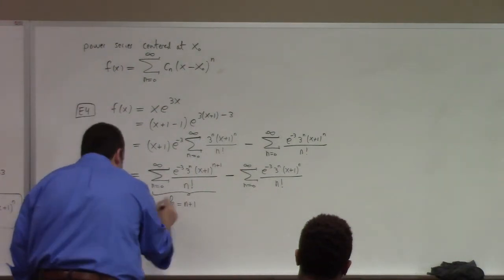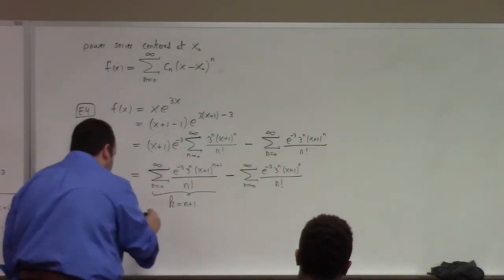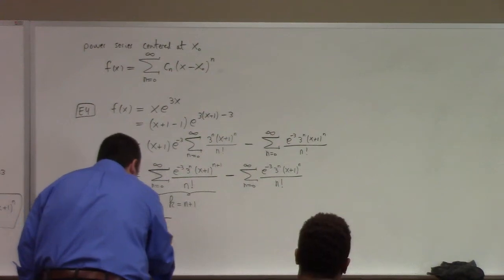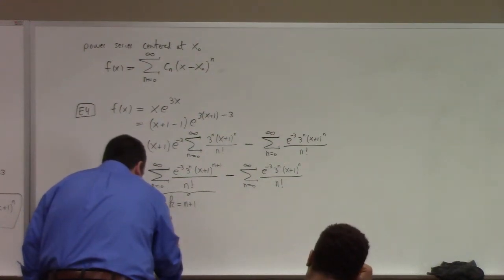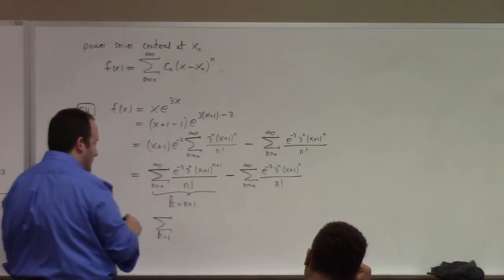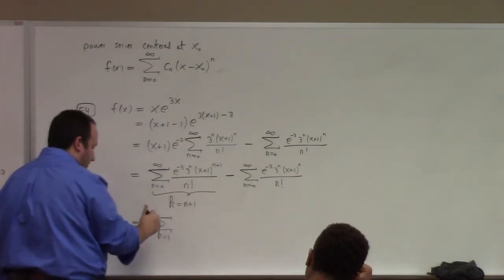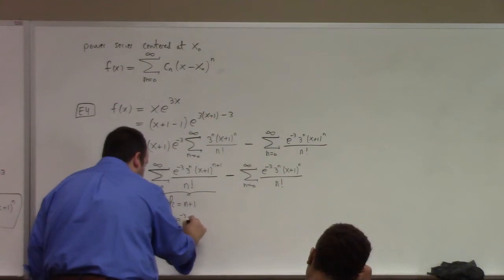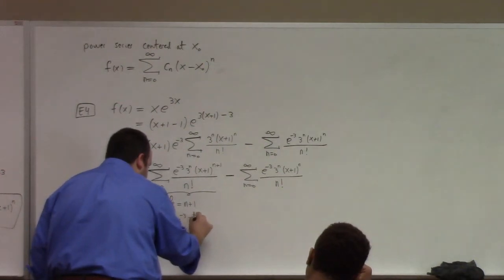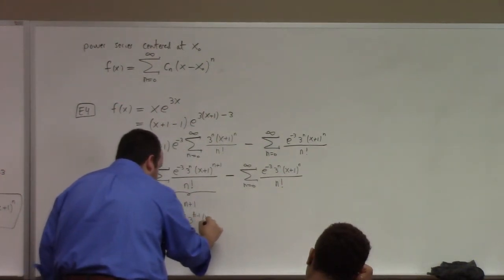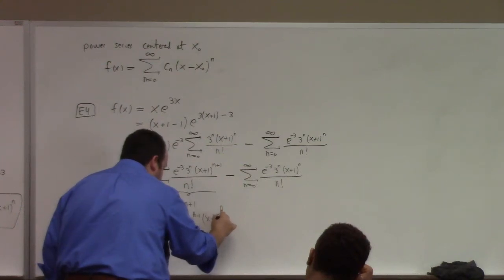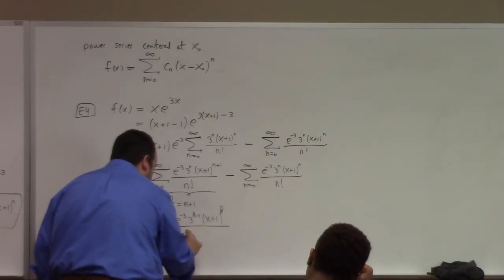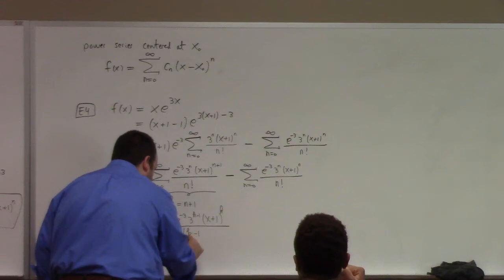Then if I do that, I have the sum k equals 1, because if n equals 0, k equals 1, to infinity e to the minus 3, 3 to the k minus 1, times x plus 1 to the k, divided by k minus 1 factorial.